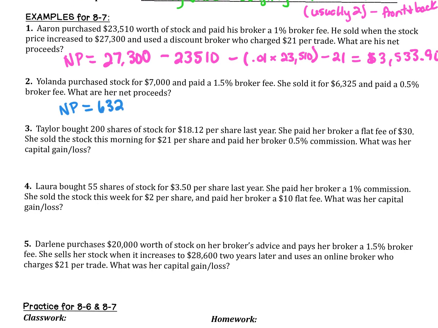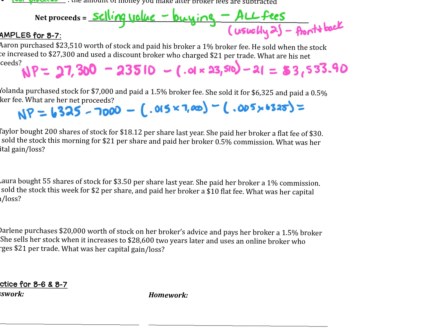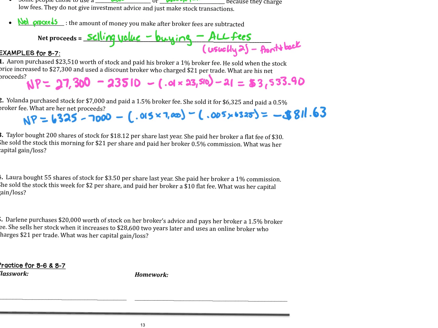So 63.25 minus 7,000 minus 0.015 times 7,000 minus 0.005 times 63.25. And that is a loss of 811.63.